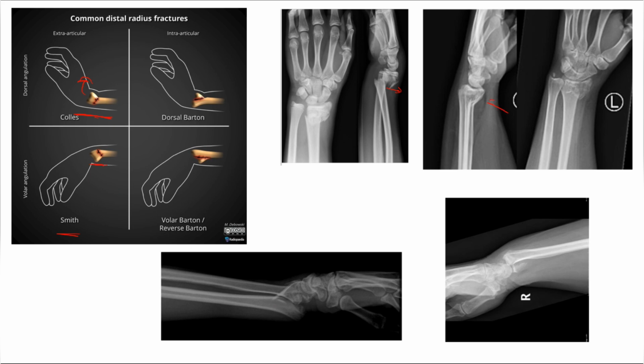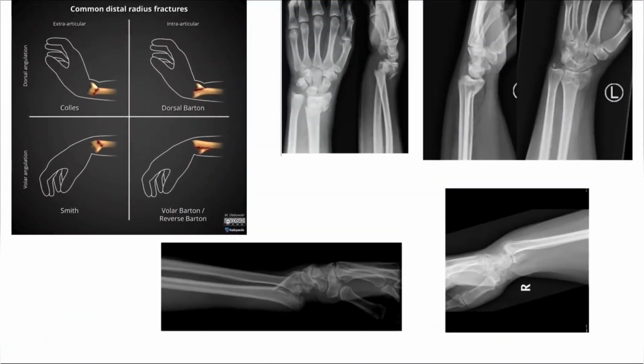This is volar displacement of the distal part. We have Barton fracture. So in the Barton, there will be dorsal displacement of the articular fracture. Here there is articular fracture and it is dorsally displaced. And volar is called the reverse Barton, in which that part which is fractured, including the intra-articular region, is displaced ventrally.